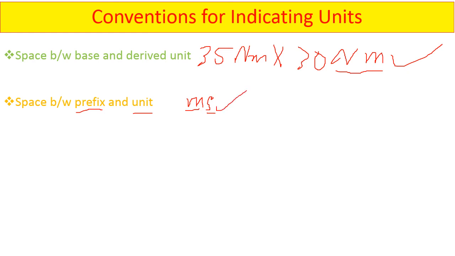And if we write like this, milli, then a space and second, that will be wrong. That is, there should be no space between prefix and unit.